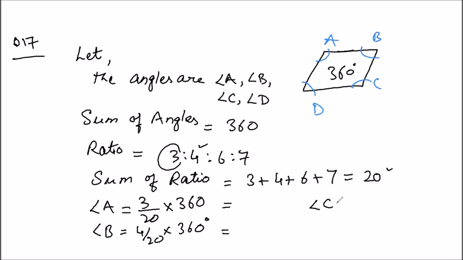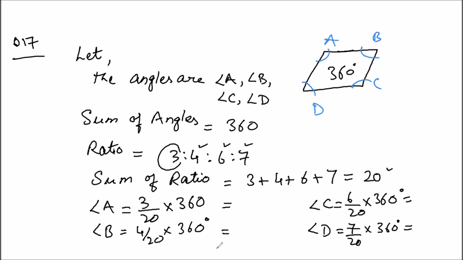Angle C is equal to, its ratio was 6 out of 20 multiplied with 360. And angle D is, ratio is 7 out of 20, so multiplied by 360.